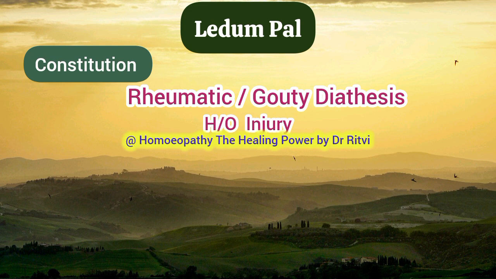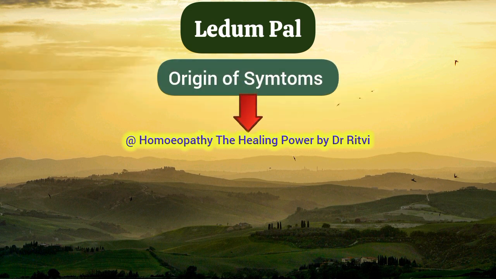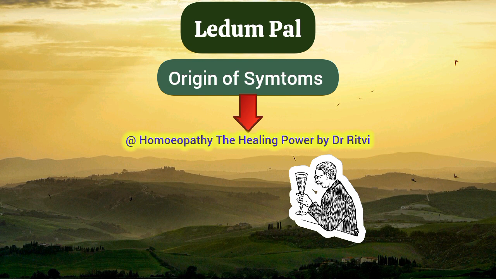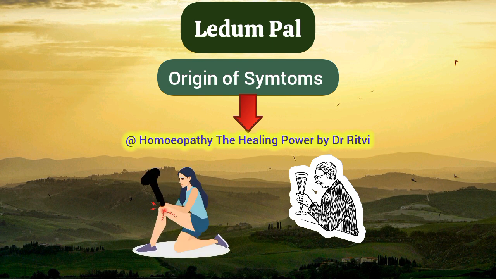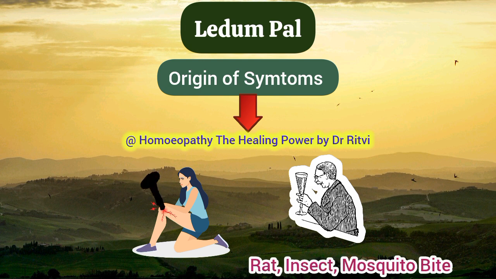Symptoms in Ledum pal are caused after abuse of alcohol and also after injuries received from sharp pointed instruments. Typically, Ledum pal is indicated for punctured wounds, as well as for symptoms caused after rat bites and insect bites. Especially after mosquito bites, Ledum pal is well indicated.